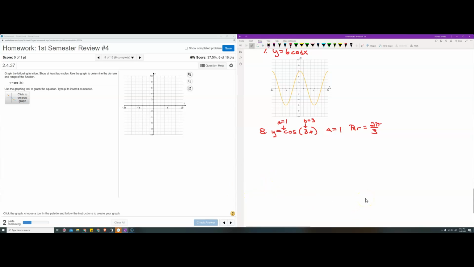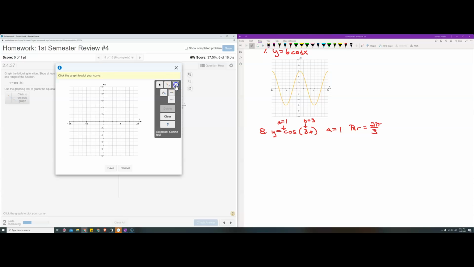When I draw this, we're going to see 3 cosines between 0 and 2 pi. So we're going to pick a cosine. The amplitude is 1, but now the period is going to be 2 pi divided by 3. And there's our graph.